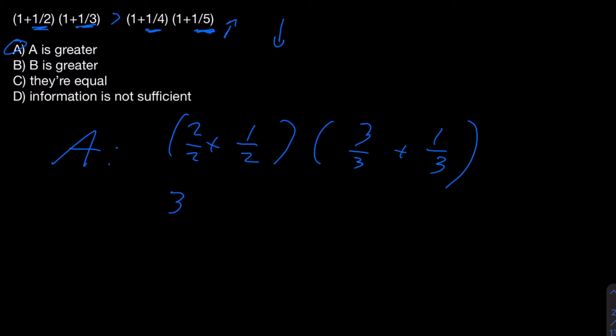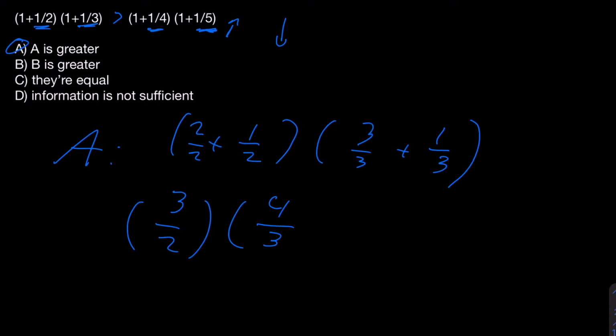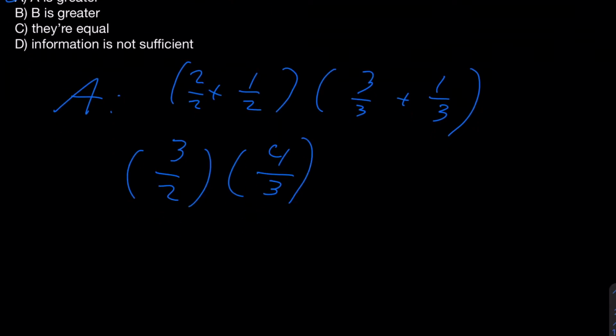So this is going to be 3 over 2 multiplied by 4 over 3. From here on out, we can start canceling values. The 3 goes away with the 3, and 2 and 4, basically, they divide, it becomes 2. And that's what you have as A, you have the value of 2.